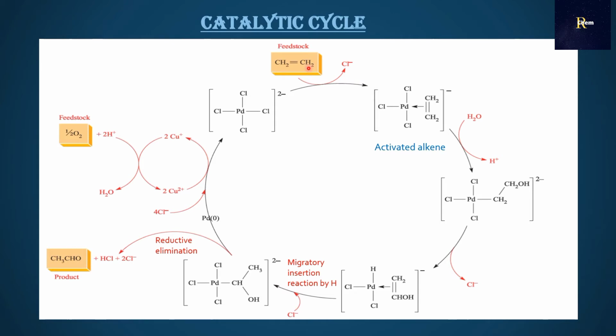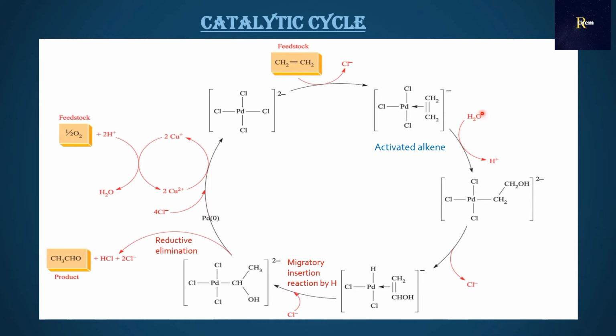Similar thing is happening here: the metal is coordinated with this ethylene in this process. Metal is coordinated with this ethylene, and the pi electron density of this ethylene decreases, and that is why water is acting as a nucleophile here.